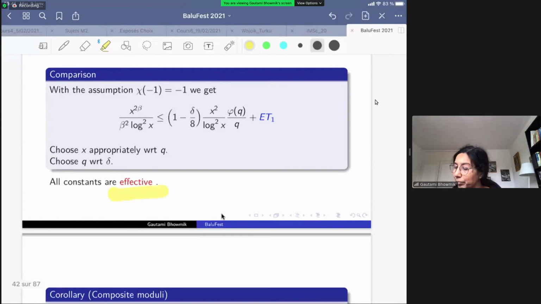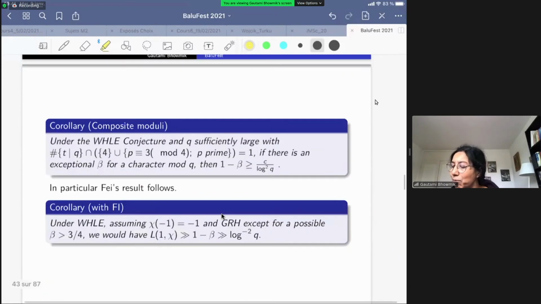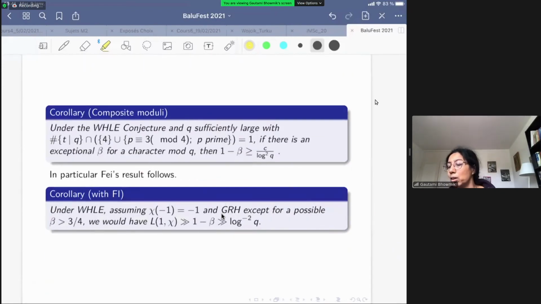Okay. So now what has happened is from phi's case, we have moved to including some composite moduli. Phi had only prime moduli. So this is a corollary of our result.